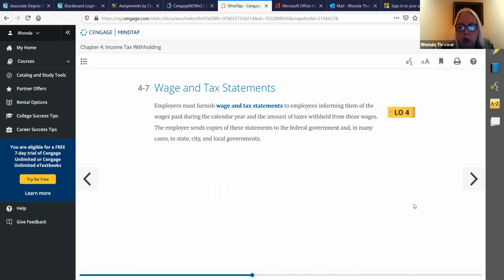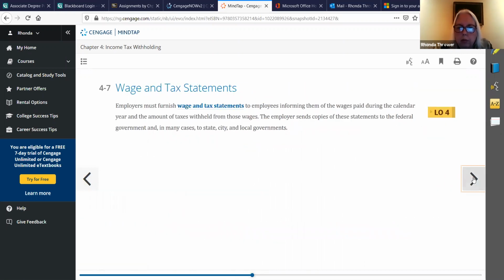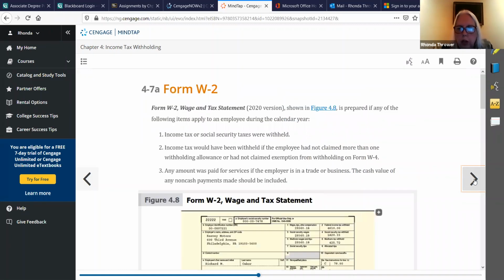But I thought I would just show you where you could get it if you have an ebook. So I'm going to go forwards to the next part here.